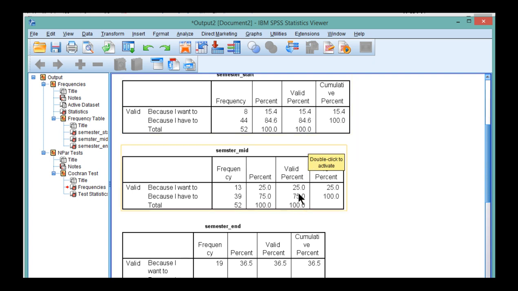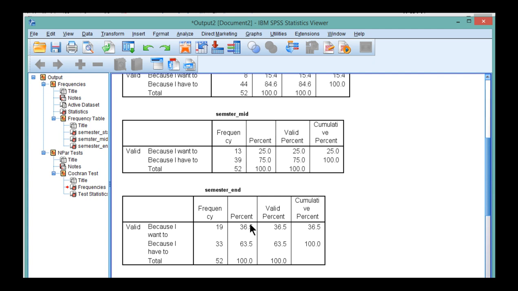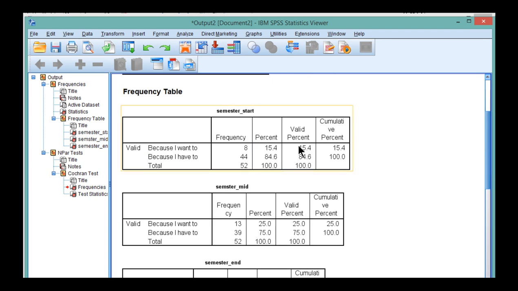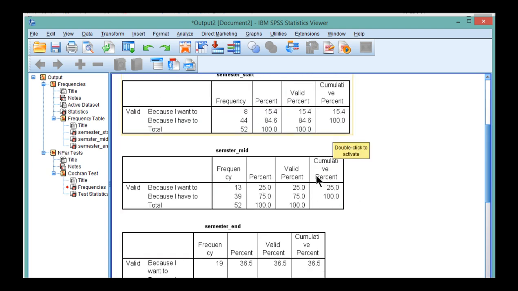So to the question, are students rating that they want to take the unit, is it increasing by mid-semester, or does it take the whole semester for a statistically significant effect to be observed? In order to address that question, we have to do multiple comparisons or post hoc tests. And in this case, we can just do a series of Cochran's Q tests, testing the difference between start and mid-semester, start and end semester, and mid and end semester.